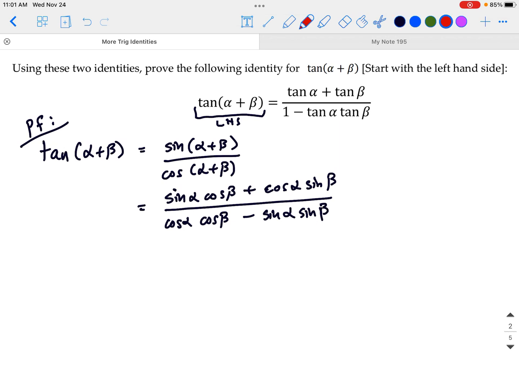And then from here, it's going to be a little bit tricky, but what we'll notice in the proof here is we've got a 1. So we know that this term needs to become 1, which means we're going to divide by cosine alpha cosine beta.